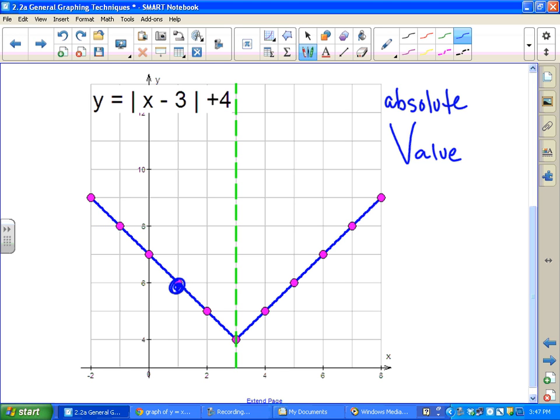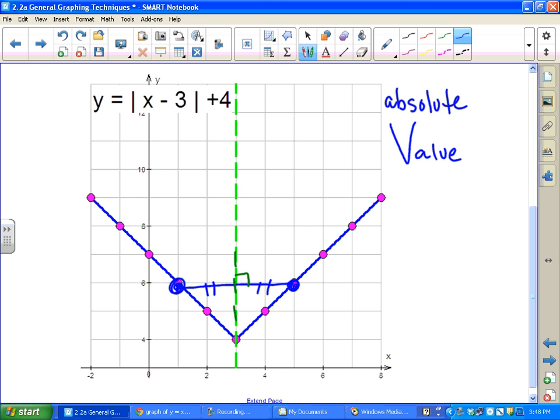If I connect (1, 6) over to (5, 6) on the graph of y equals the absolute value of x minus 3 plus 4, when I get to the halfway point, this green dashed line, the segment I created in blue is perpendicular to that green dashed line. And the definition of a perpendicular bisector, if you remember from geometry, is that every point is equidistant to the perpendicular bisector. Okay?